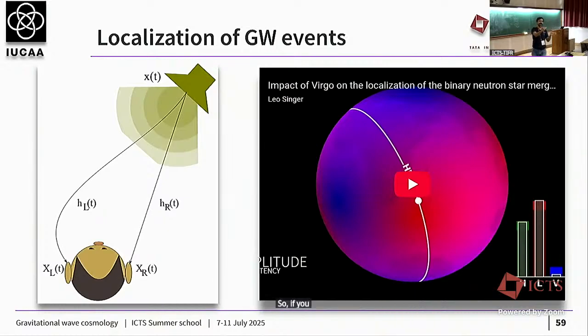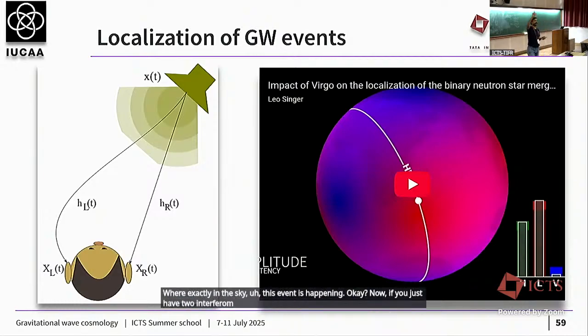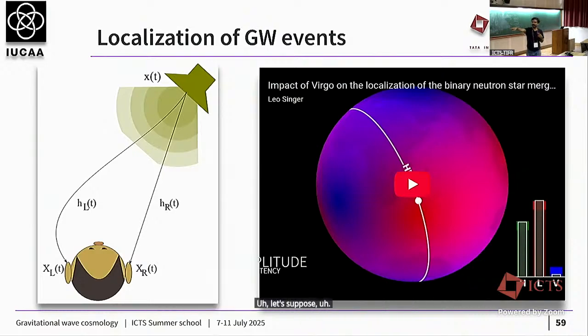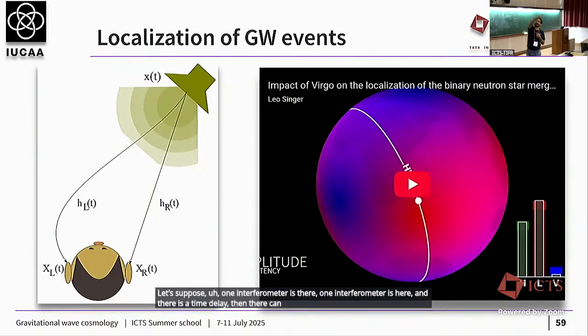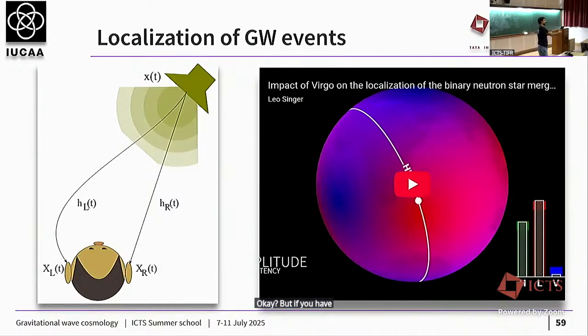If you can measure this time delay, you can localize where in the sky this event is happening. If you just have two interferometers, it gives you a degenerate combination, because there can be a wide circle on which the event is located and still give exactly the same time delay. But if you have multiple interferometers, you can start to break these degeneracies.